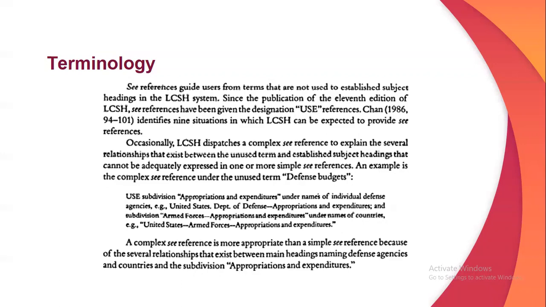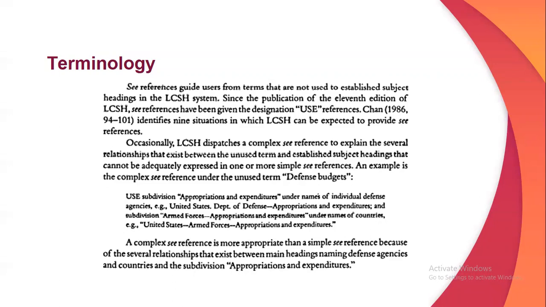Example, the United States Department of Defense, Appropriations and expenditures, and subdivision armed forces, then appropriations and expenditures under names of countries. Example, United States, then Armed Forces, and Appropriations and expenditures.